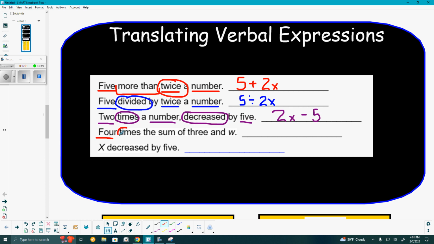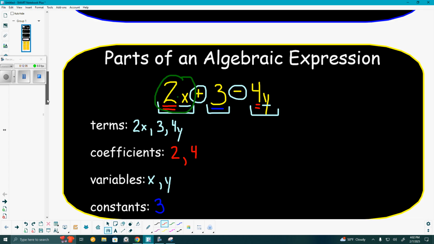Four times the sum of 3 and w. So this time it gives me a variable. Let's start at the beginning. 4 times the sum of 3 and w. Sum means adding. So 3 and w are being added. Now let's not forget PEMDAS.